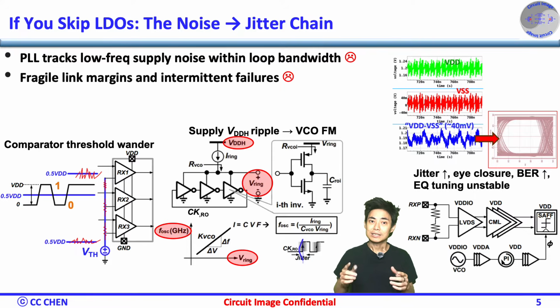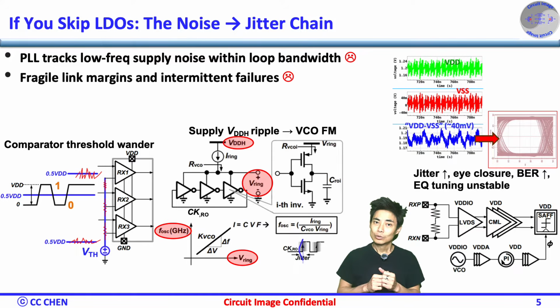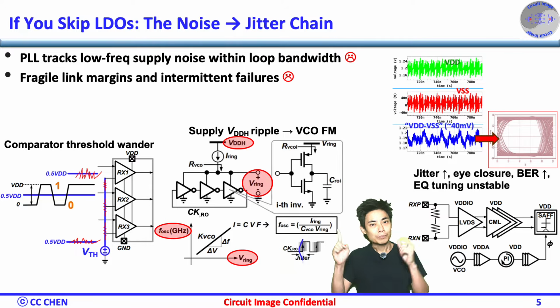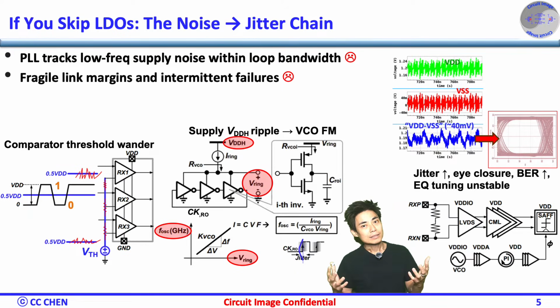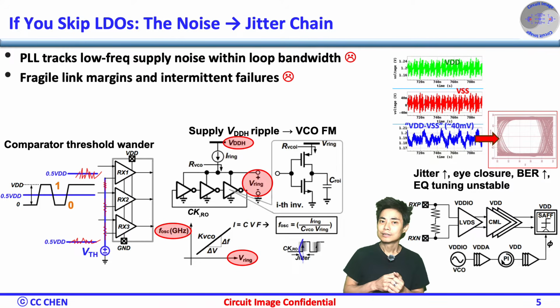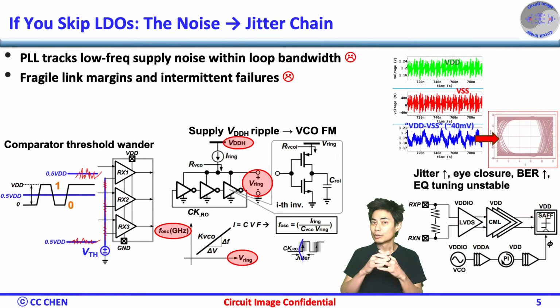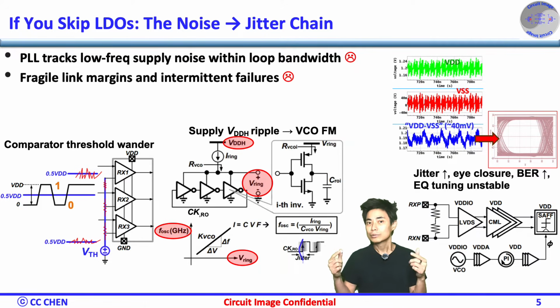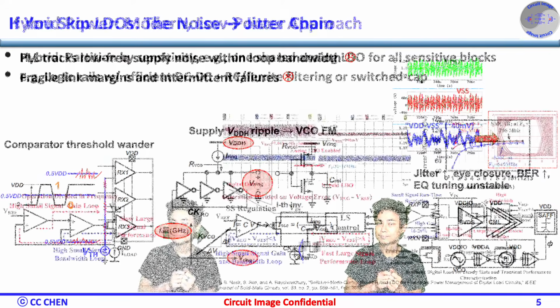This immediately increases jitter, which closes the data eye, raises the BER, and can even destabilize the equalization circuits. The result is a fragile link with narrow margin, prone to immediate and hard to diagnose failure.